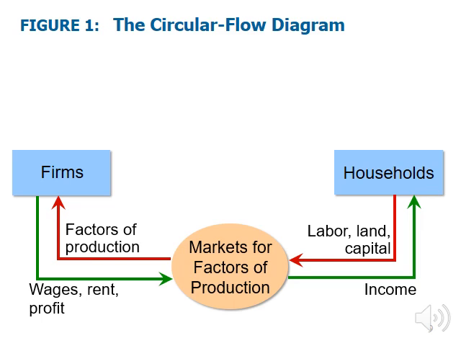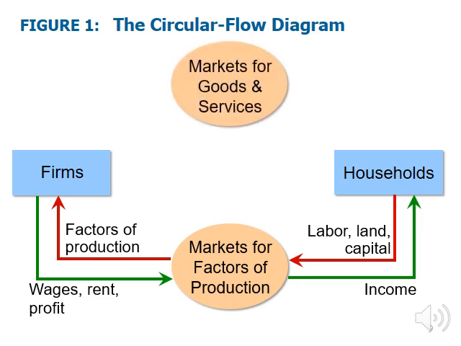The outside circuit, the green circuit, is a monetary representation of those real values that are created in production. If we move to the top left quadrant of the diagram, we see that for the output that firms have sold in the market for goods and services, they receive revenue.